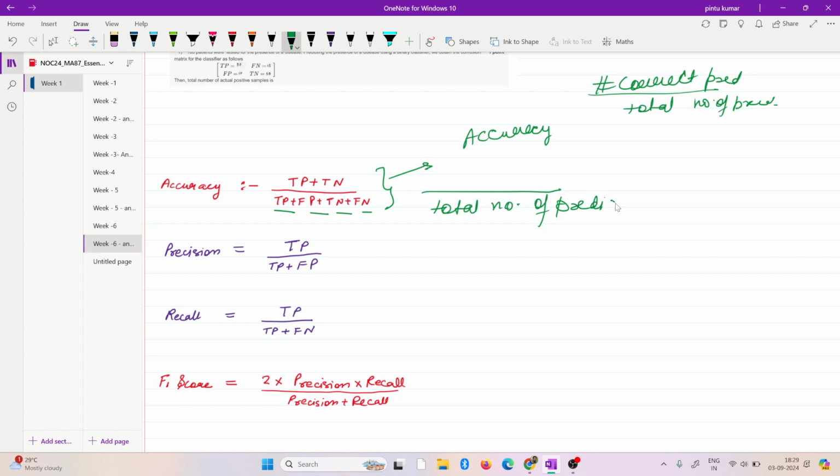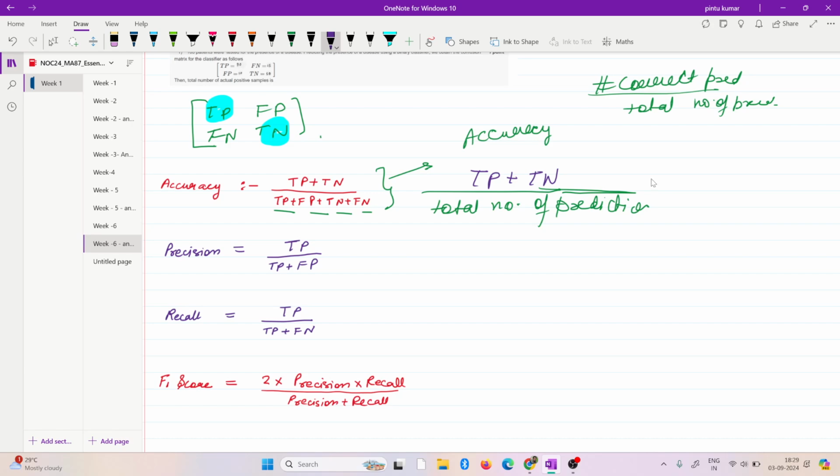So let me draw the matrix again. This is true positive. This was false positive. This was false negative. This was true negative. And what is the number of correct predictions that you have made? That is true positive and true negative. So you add them on top, true positive plus true negative, right? This is how you obtain your accuracy.